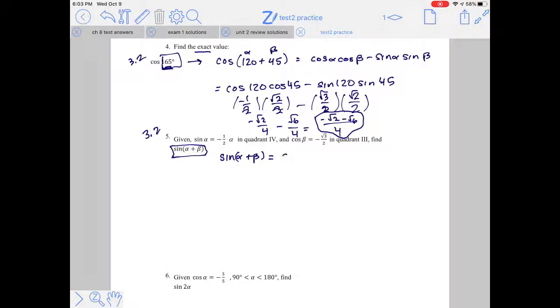If you read it correctly, it should tell you that it's sine alpha cosine beta. And then how does it continue? Plus cosine alpha sine beta.